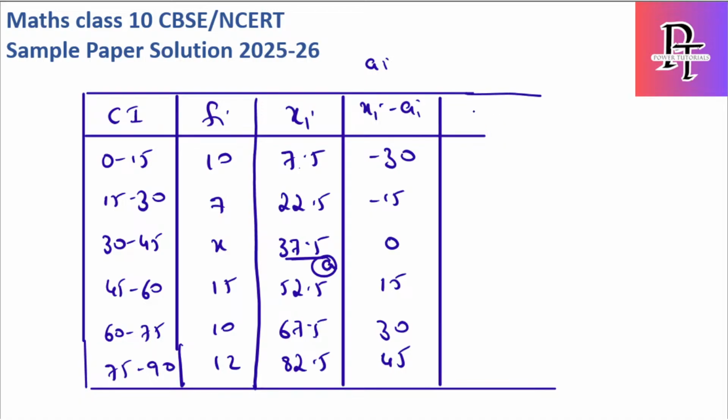Now I have to multiply into fi, because this is di, now this will be di fi.